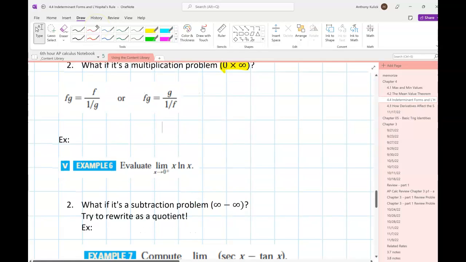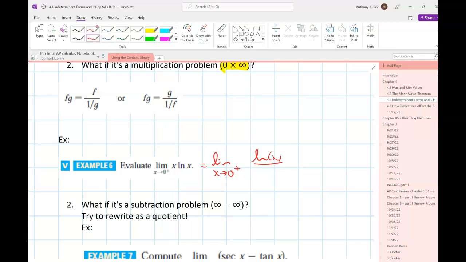So limit as x approaches 0 from the right of x times the natural log of x. Which one do you want to make the 1 over, the x or the natural log? Sorry, what is it approaching? 0 from the right. What do you guys think?